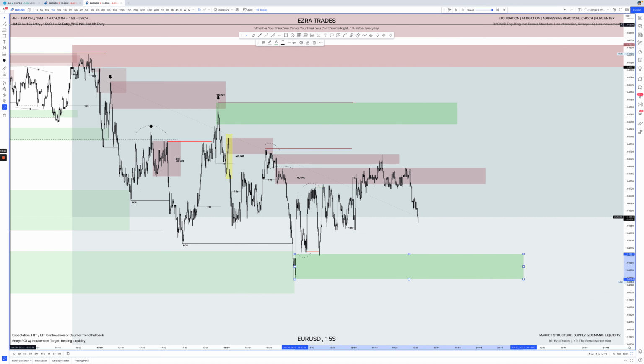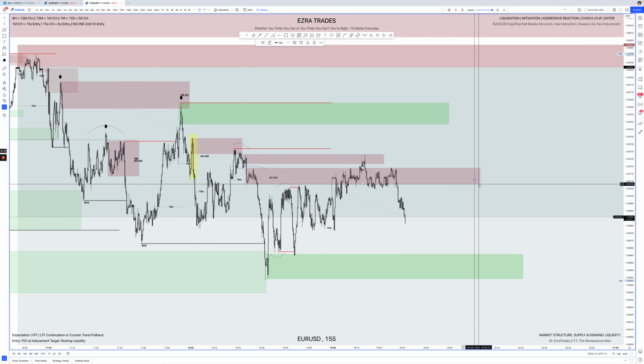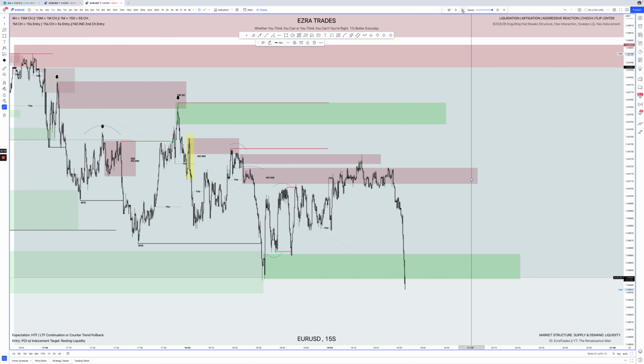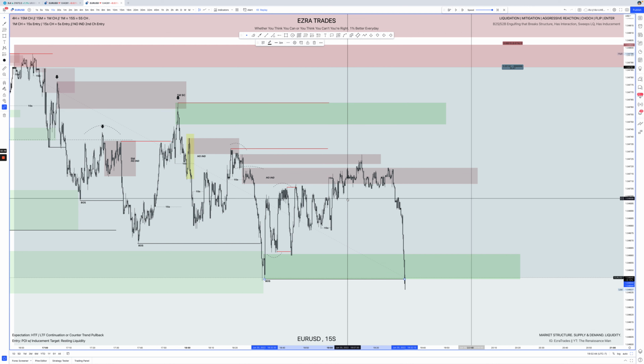I personally don't like to be in trades past 8 p.m. So I know if price gets to this level, I'm going to consider closing, unless it all breaks. I think what happened is once I saw this go, I had a new break of structure, and that's when I hit my take profit. I closed early, is what I'm saying.